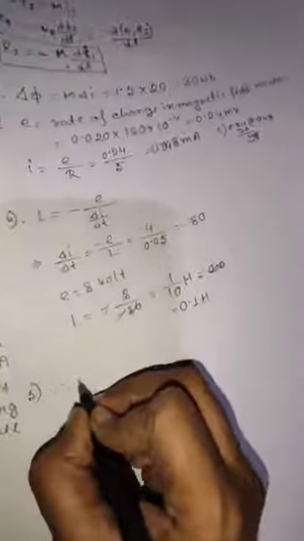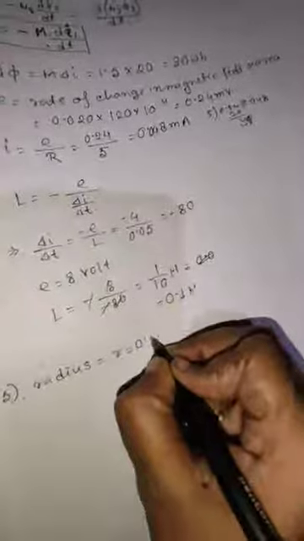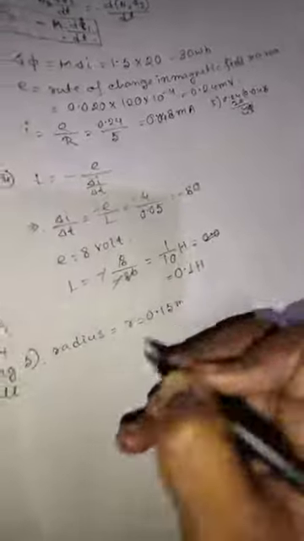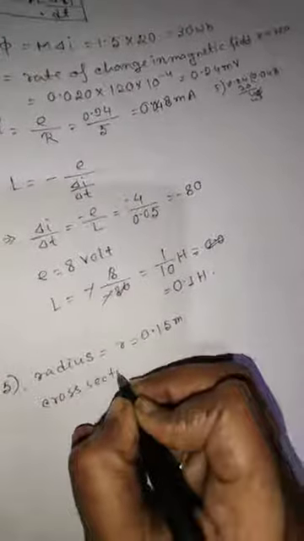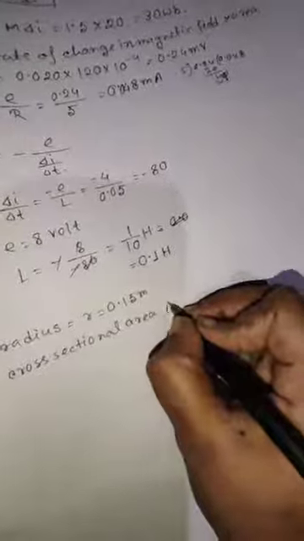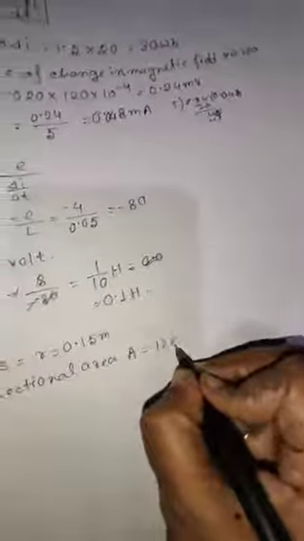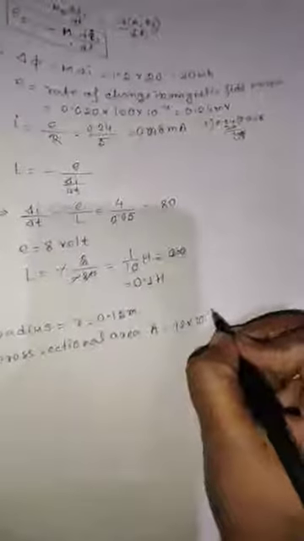So according to the problem, the radius is given, that is R equals 0.15 meter. Cross sectional area A is given as 12 into 10 to the power minus 4 meter square.